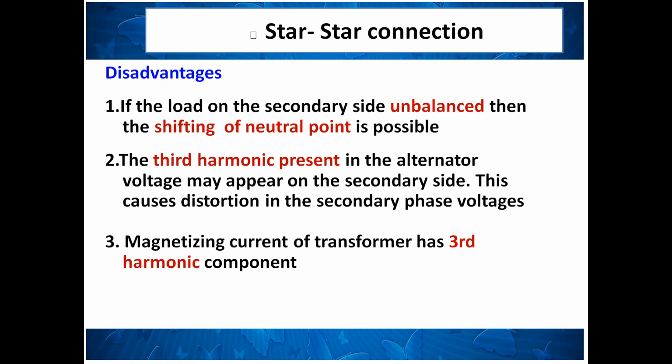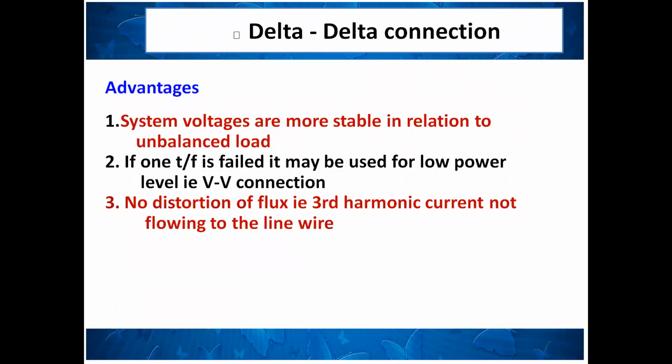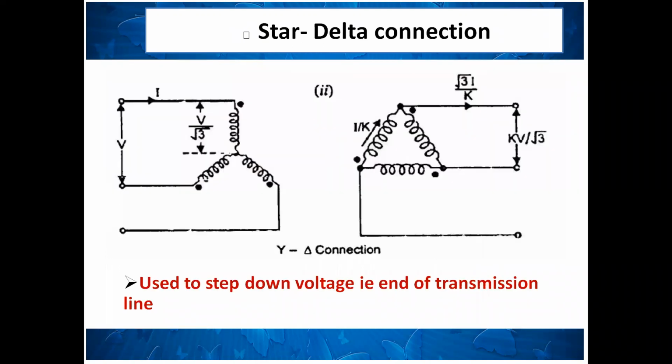Third harmonic will be present in the transformer secondary, and the third harmonic current makes losses high. But this third harmonic is eliminated in delta connection. So now star-delta, delta-star.